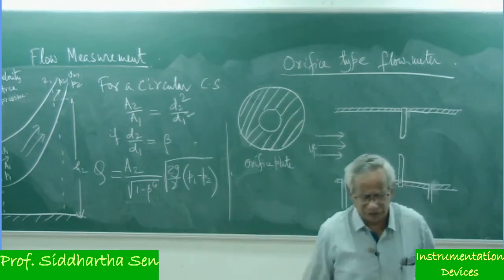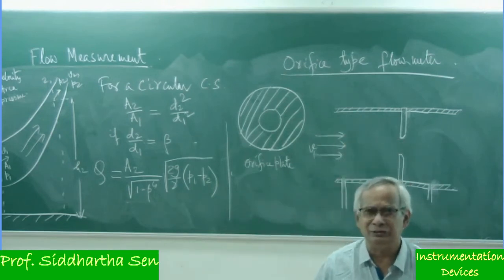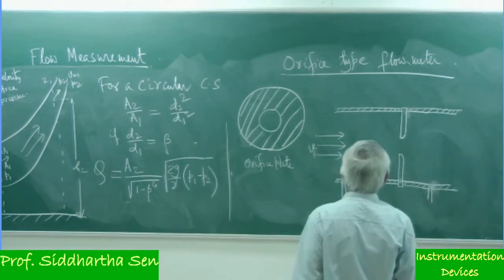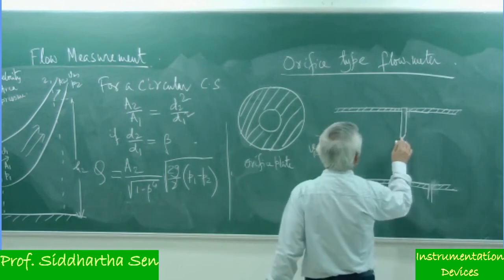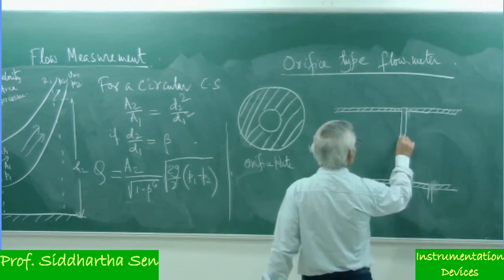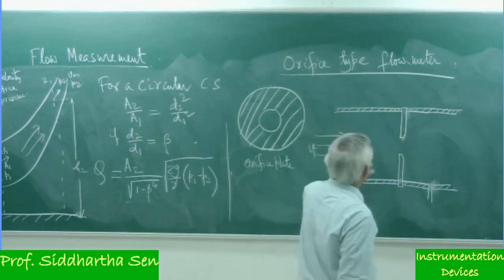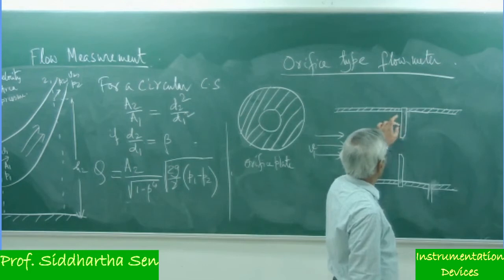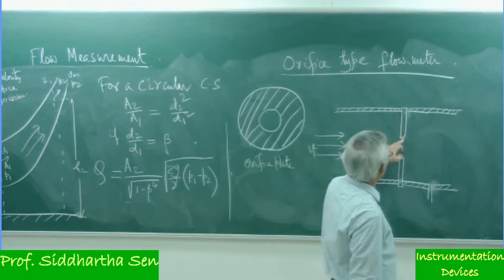Obviously we need to ensure that there is no leakage there. After bolting it, the orifice plate is looking like this. The construction of this orifice is a very thin plate, made of some hard metal or steel, but there are certain angles and these things there.